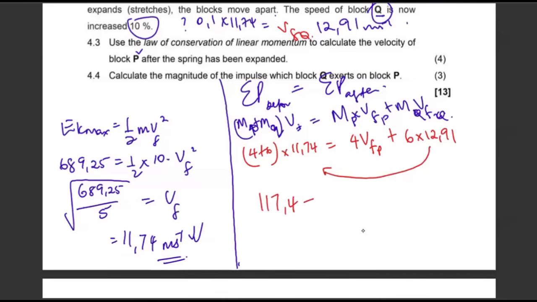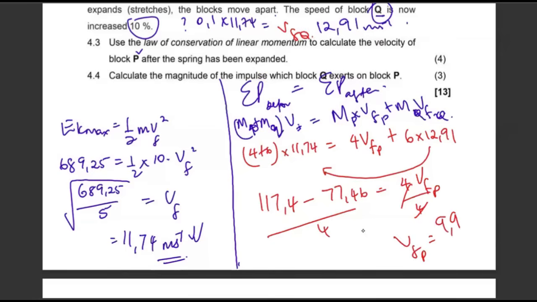Subtracting 6 times 12,91, which is 77,46, equals 4 times VfP. Divide both sides by 4, so the final velocity for P is 117,4 minus 77,46, divided by 4, which is 9,985.